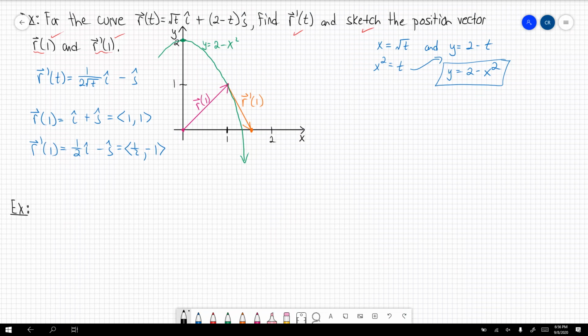And on this next example, we're going to be looking to find, let's say, symmetric equations.